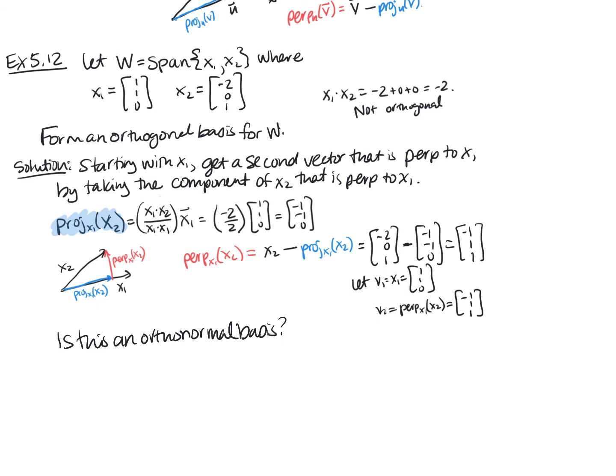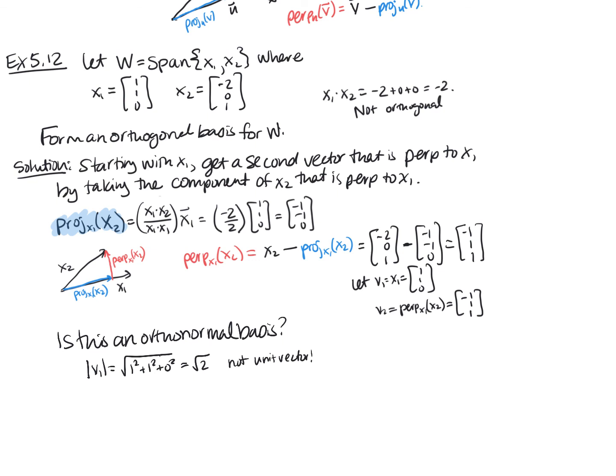Well, I want to look at the length of that vector. The magnitude of V1 is equal to the square root of 1 squared plus 1 squared plus 0 squared. And that is actually the square root of 2. So it is not a unit vector.